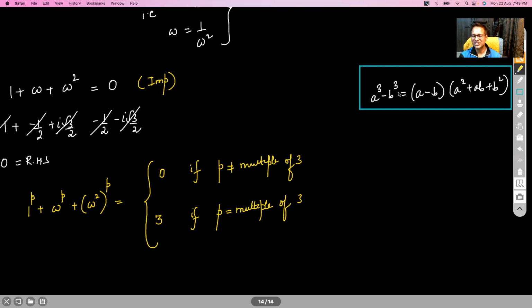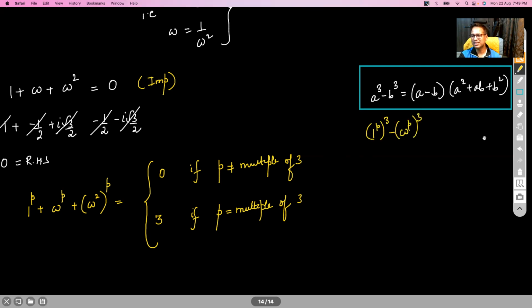Okay. So what I'm going to do is I'm going to write 1 cube minus omega cube. In fact, I'm going to write a very interesting thing here: 1 to the power p whole cube minus omega to the power p whole cube.